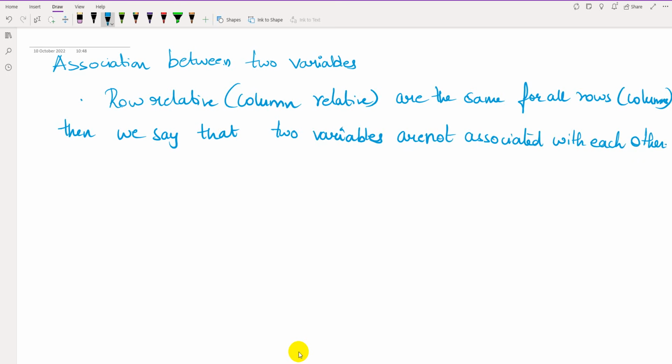So whenever the row relative frequency for all the rows or the column relative frequency for all the columns are the same, then we can say that the two variables are not associated with each other.